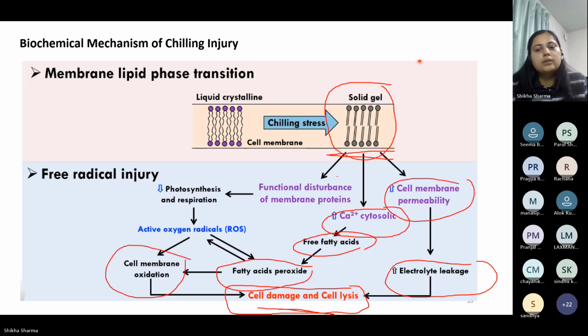Third, functional disturbance of membrane proteins can happen.